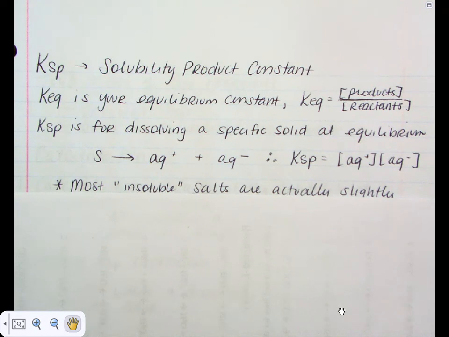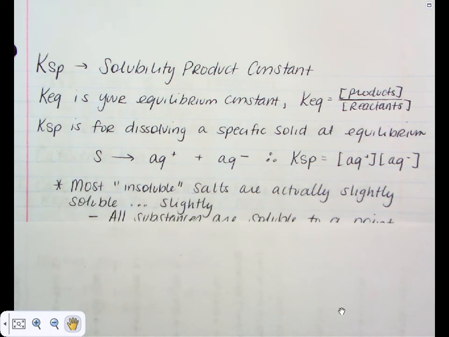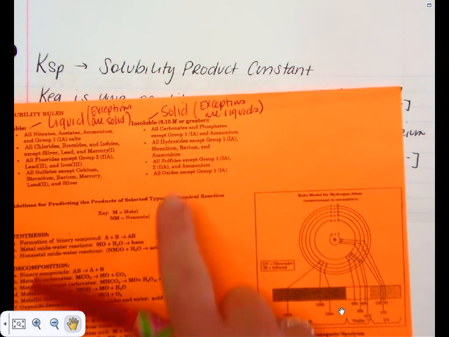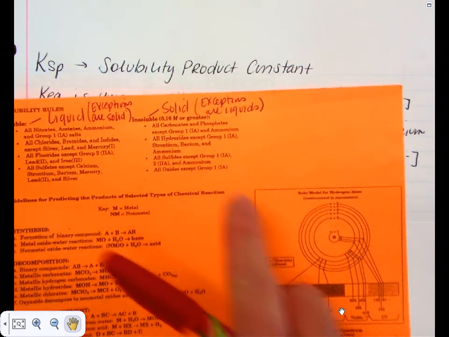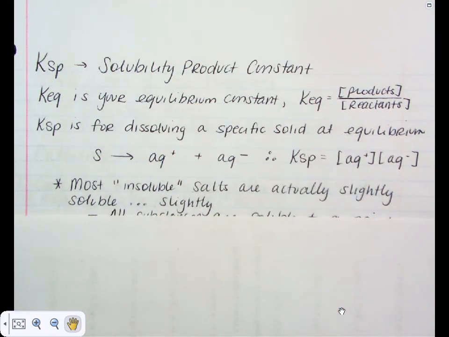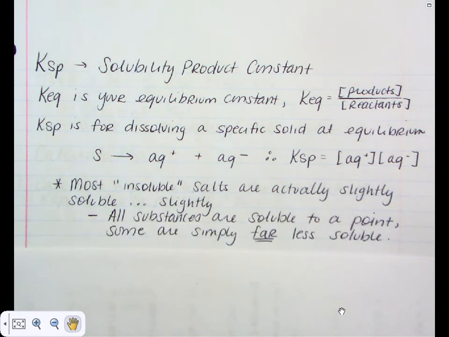Most insoluble salts, things that we say are insoluble on our reference packet, are actually slightly soluble. All substances are soluble to a point. Some of them are just far less soluble, to the point that for most uses, we would say they are insoluble. But again, that is a tiny little white lie that we have told you. They are actually soluble, just very, very slightly so.